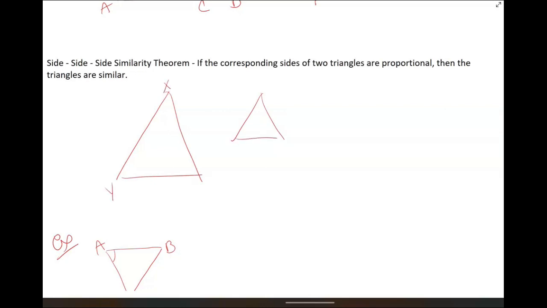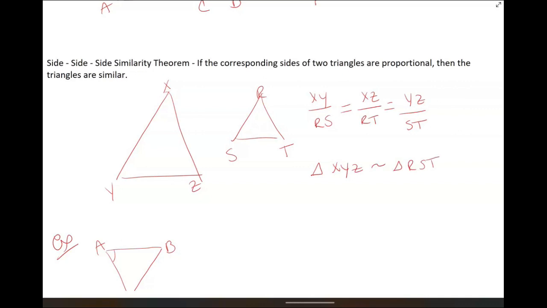We'll say X, Y, Z, and R, S, T. So if we say that XY is proportional to RS, and that is true for XZ to RT, and that's also true for YZ and ST, then these triangles are similar. So we would write triangle XYZ is similar to triangle RST.